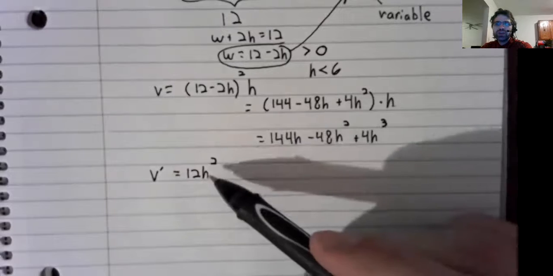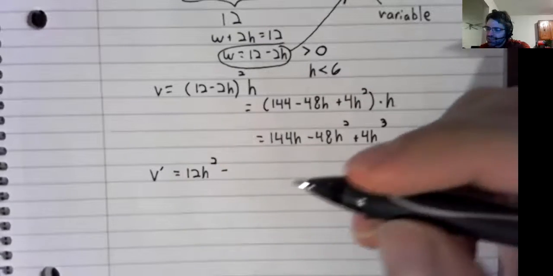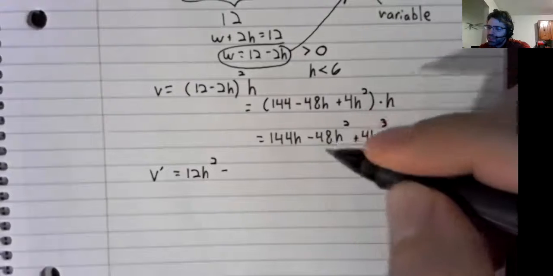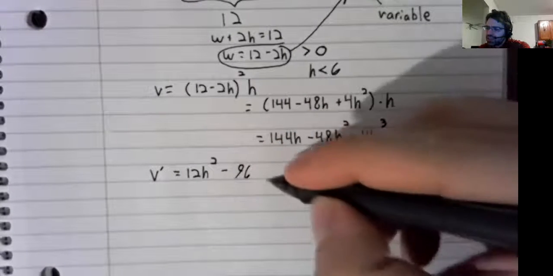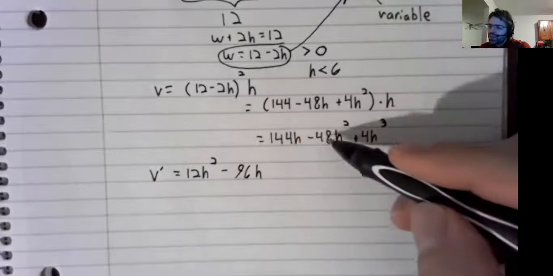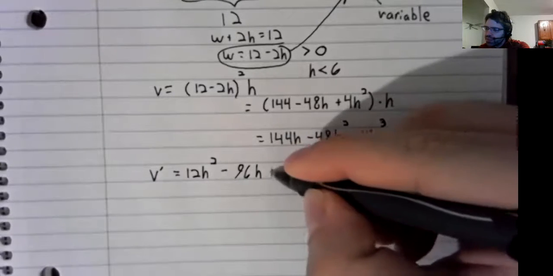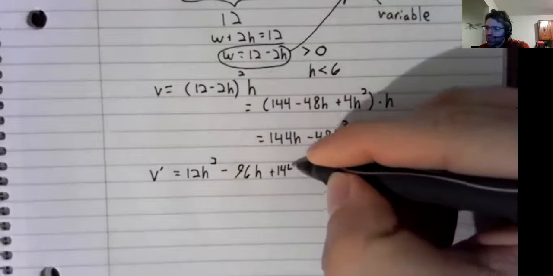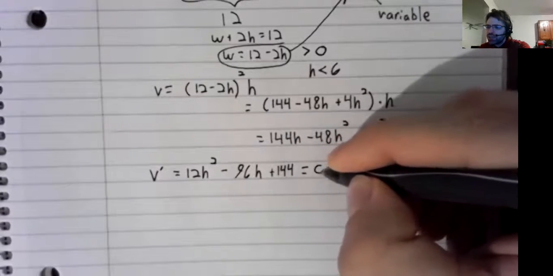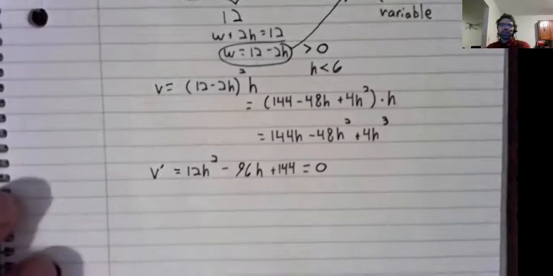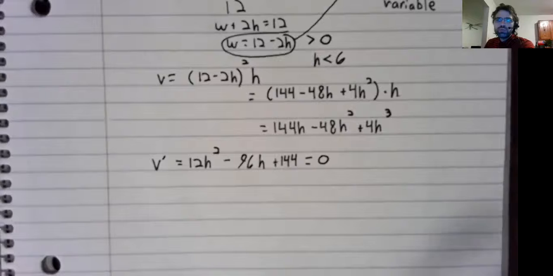This will give us 12h squared minus 96h, 48 times 2, plus 144, and we're looking for the critical values. We're setting this to 0.